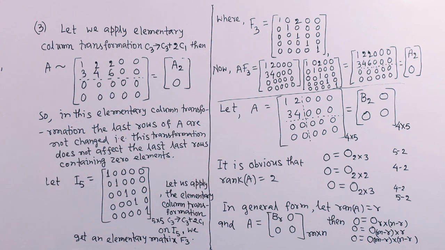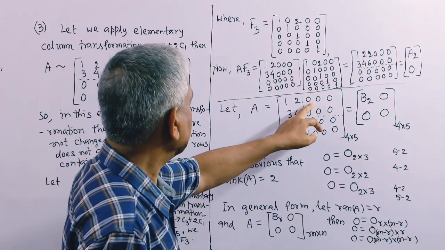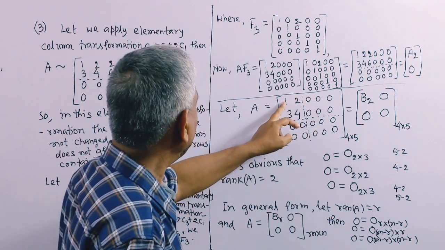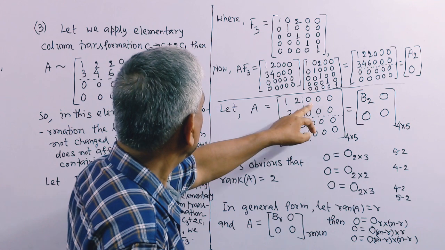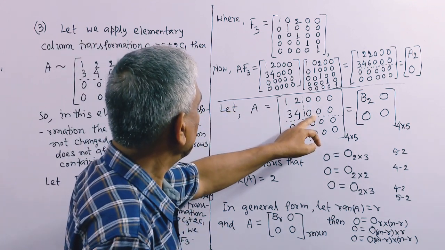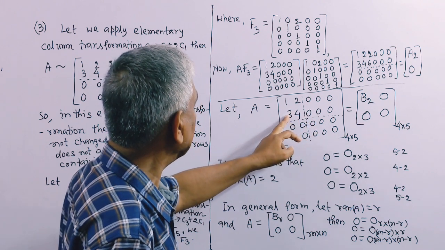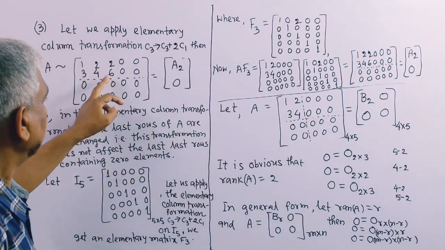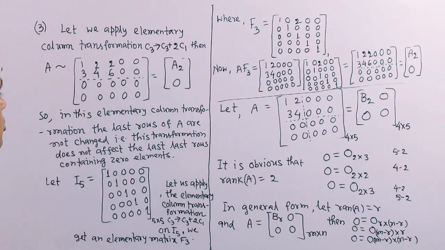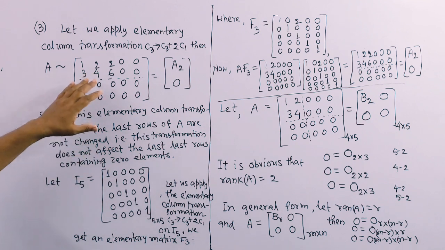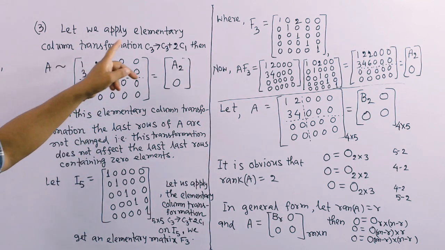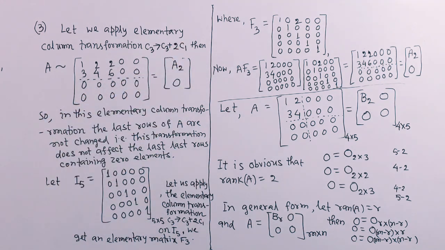Here, at the place of column 3, 0 plus 2 multiplied by 1 means 2. Here 0 plus 2 multiplied by 3 means 6, and the other elements will be 0, as here we see 0. So this is the reduced form of A when we apply this type of column transformation.